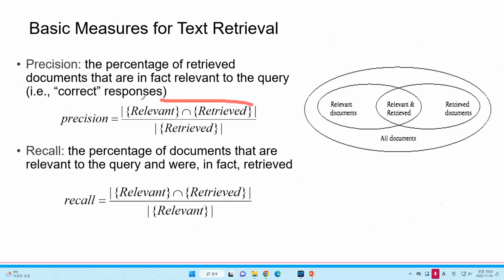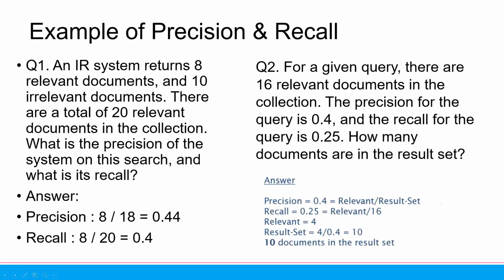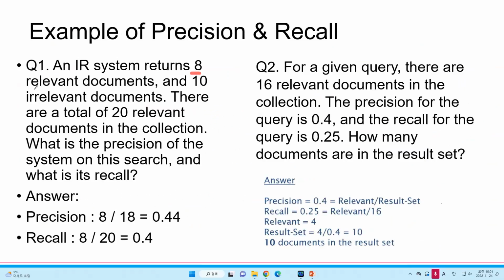We want to know the precision. The precision means the number of relevant documents that have been retrieved divided by the total number that you retrieve. So here we got 8 retrieved and relevant documents. 10 of them are irrelevant.